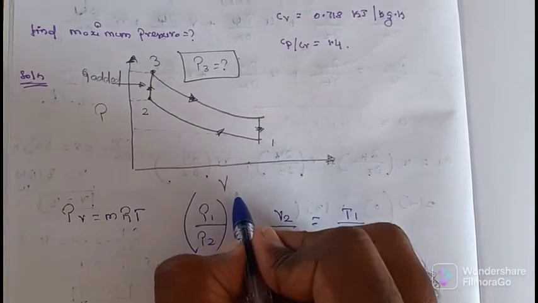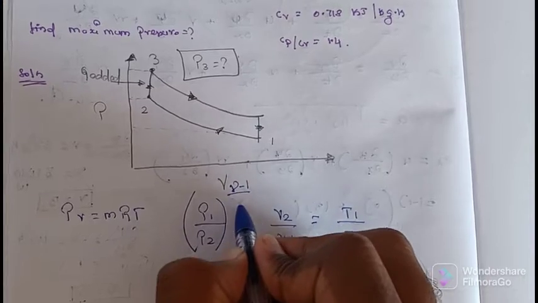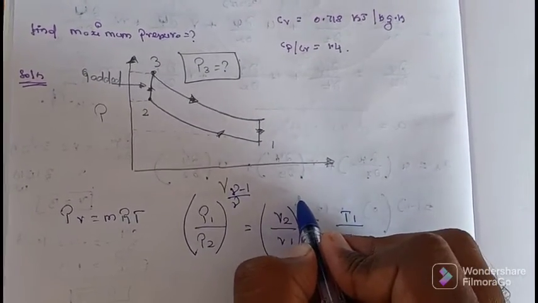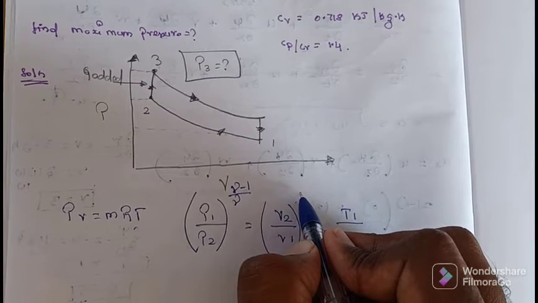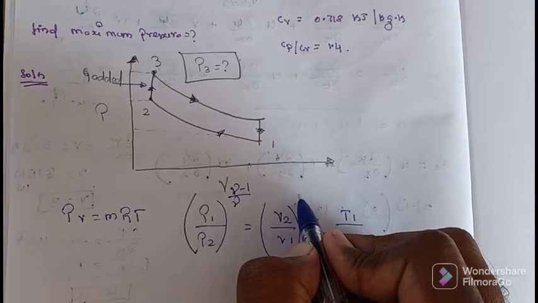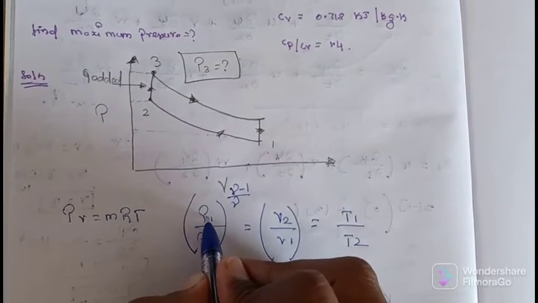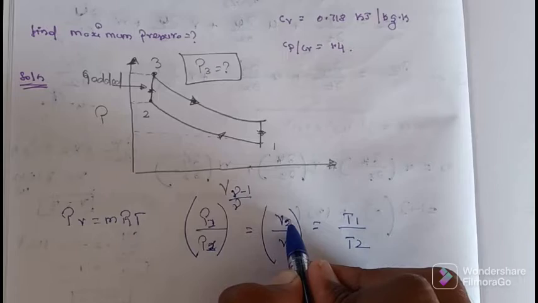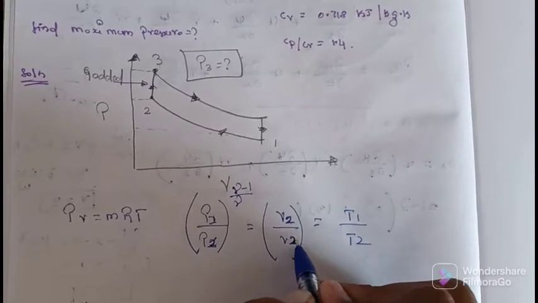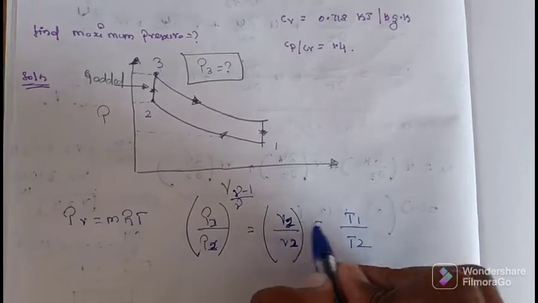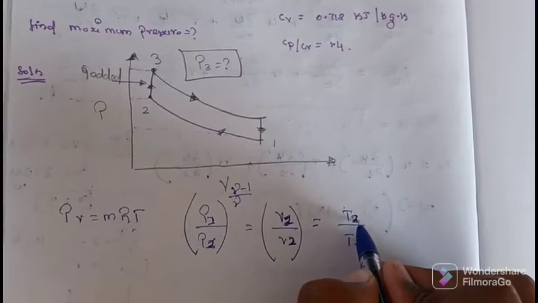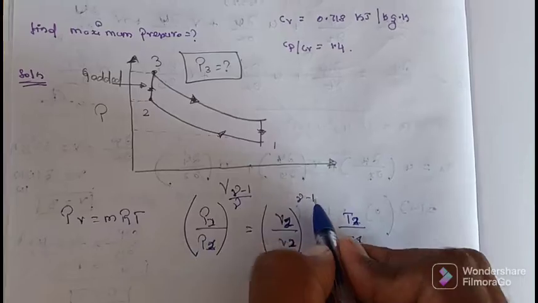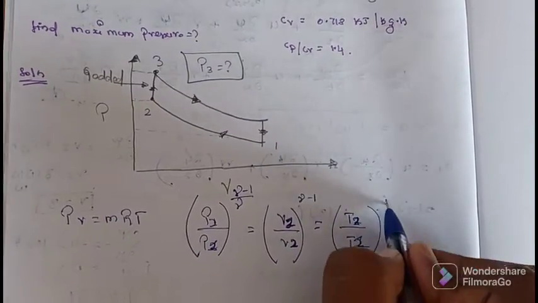For the adiabatic process, P2 by P1, V1 by V2 and T2 by T1 are related through alpha minus 1, and alpha minus 1 divided by alpha.